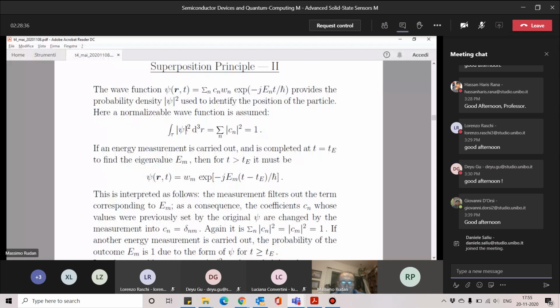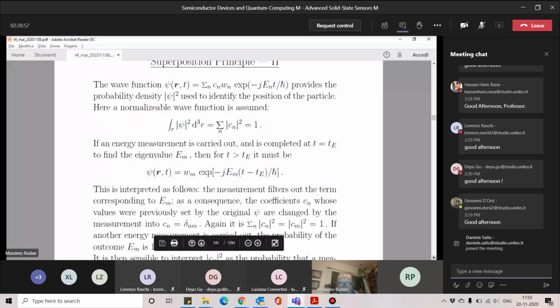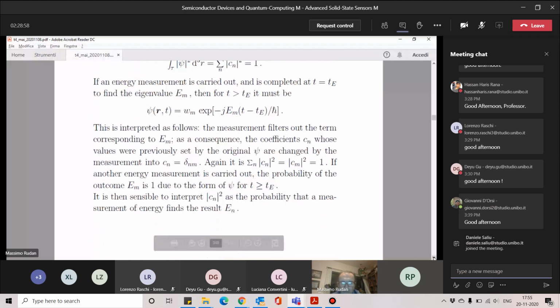The energy could be any of the values E1, E2, E3, and so on. After the measurement, we know for sure that the energy is E sub m. And we know that the square modulus of Cm is equal to 1.